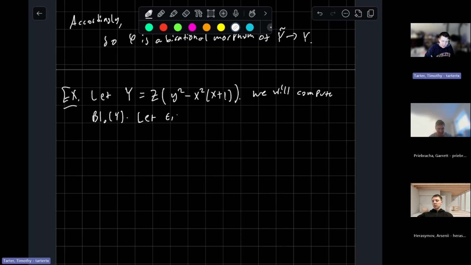So let T, U be homogeneous coordinates for P1.